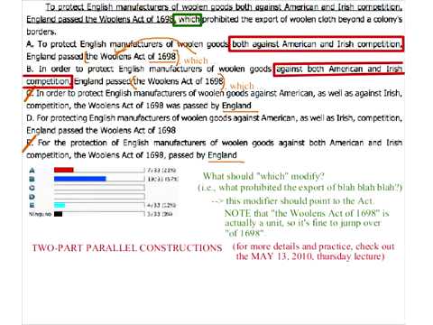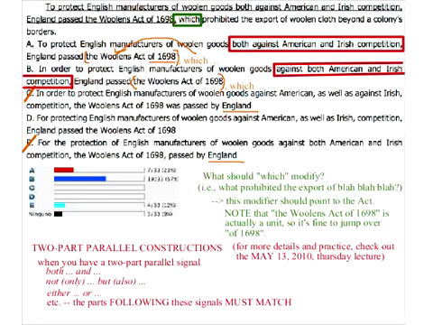When you have a two-part parallel signal, like, for instance, both X and Y, or not only something, but also, the only and the also are optional, you know, either or, etc. The parts that follow these signals must match.